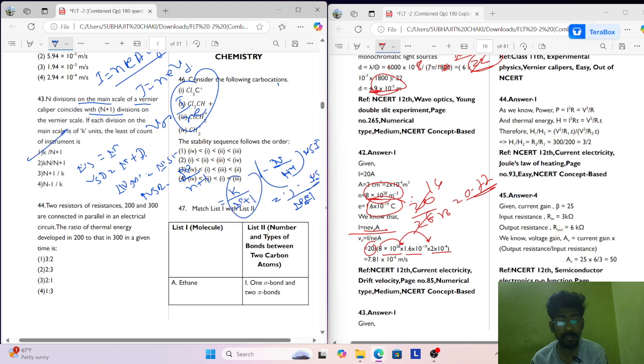Option number 1. Two resistors, 20 ohm and 30 ohm, are connected. The ratio of the thermal energies developed in the 20 ohm to the 30 ohm in a given time.